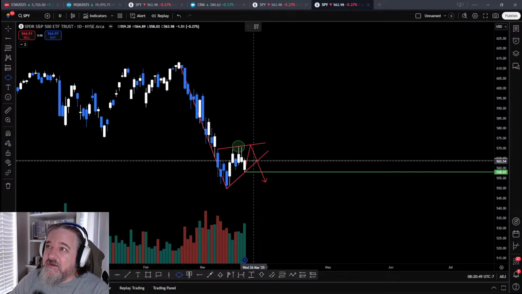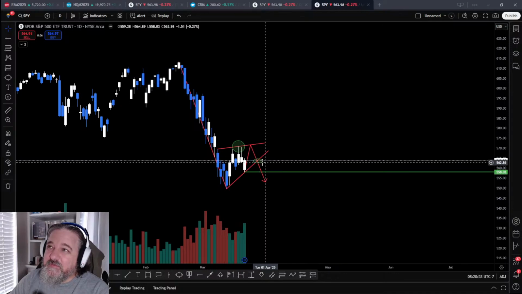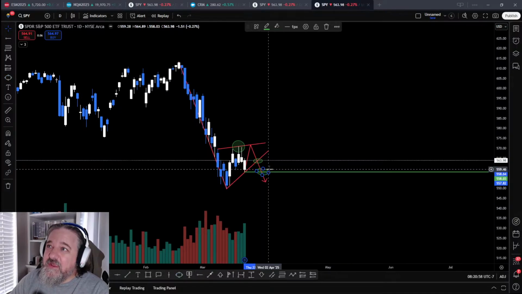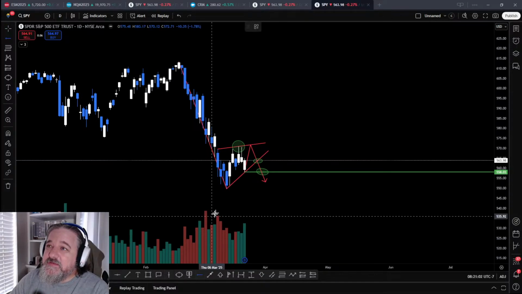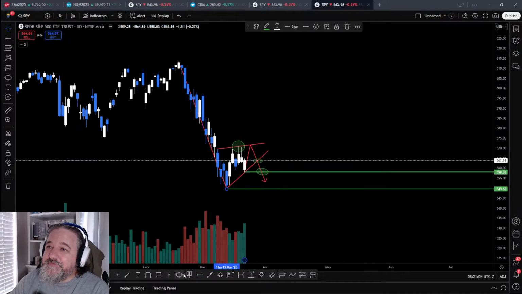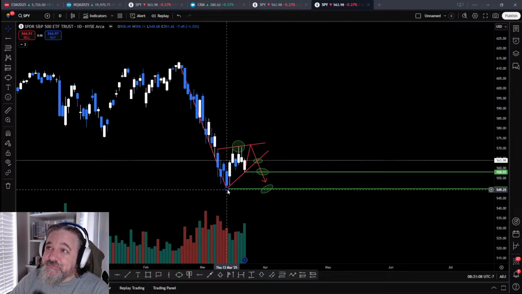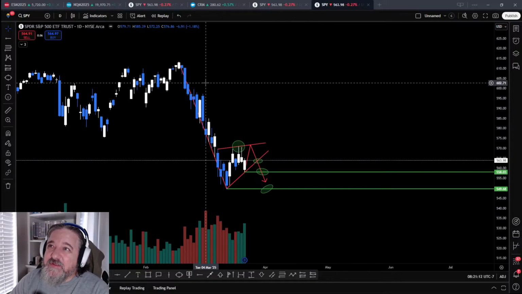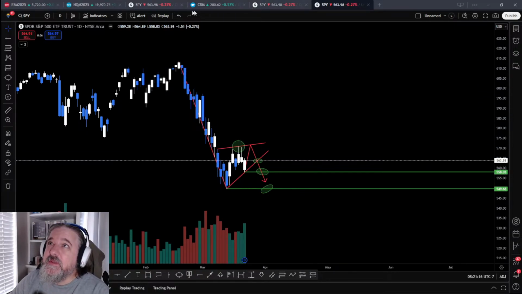So some get in here on the break of the bottom of the flag. Some will get in here on the break of the last touch of the flag. And some will get in at the bottom, basically after we break the bottom of the bear flag. And then just for reference, if it's a bull flag, it's just going to be the inverse, okay?